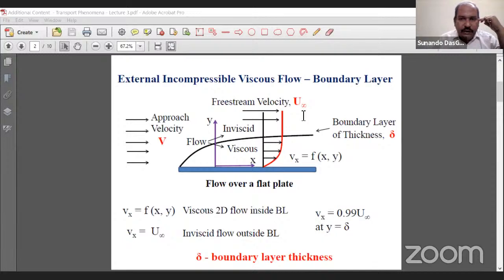Okay. Manikuntala, is it visible? The slide on external incompressible viscous flow?